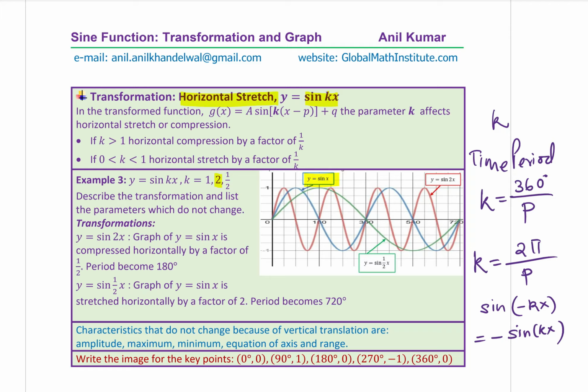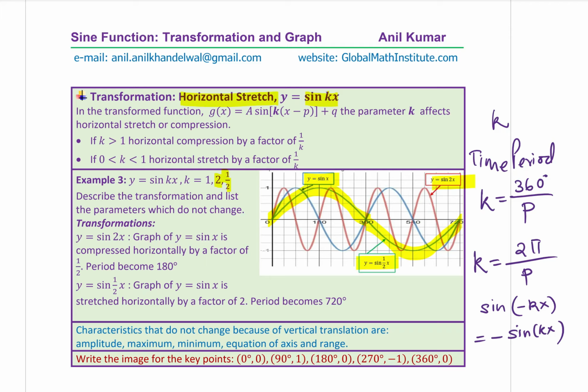So there will be two sine waves, like shown by the red curve. So the red graph is for sine 2x. When it is half, that means only half of the wave will fit in 0 to 360. So the period will be stretched to 720 if the k value is half, as shown here.